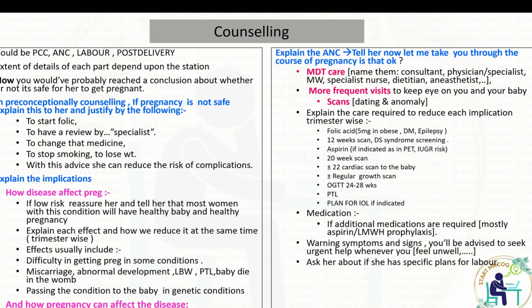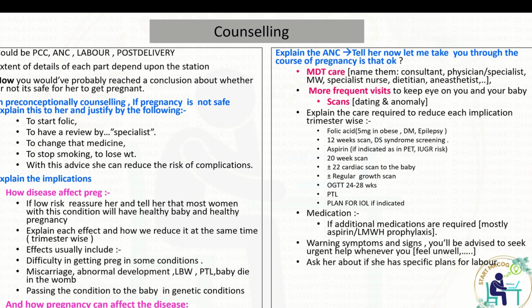Now, after you gathered information from the patient, reviewed her history and examination, you will reach a conclusion about whether this patient is high risk or low risk. In preconceptional counseling, if pregnancy is not safe, you have to explain to her that going into pregnancy now is not safe, and you have to justify it.